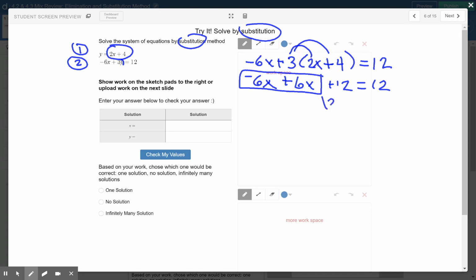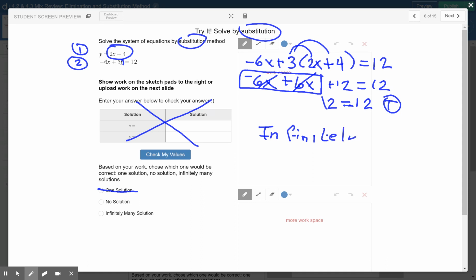So then we are left with 12 equals 12. Since the x's go away, we will not have a value for x and y. It cannot be one solution. This is a true statement. True statements lead us to infinitely many solutions.